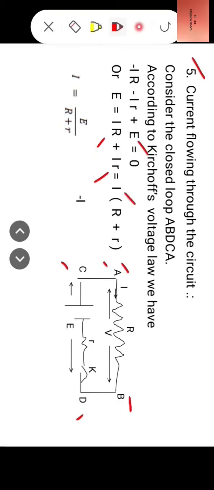We take out I common, then we can write E is equal to I into (R plus r). Or we can write capital I, the current flowing through the circuit, is equal to E divided by external load resistance capital R plus internal resistance of the cell small r. So let us mark it as equation 1. This is the expression for current flowing through the circuit.